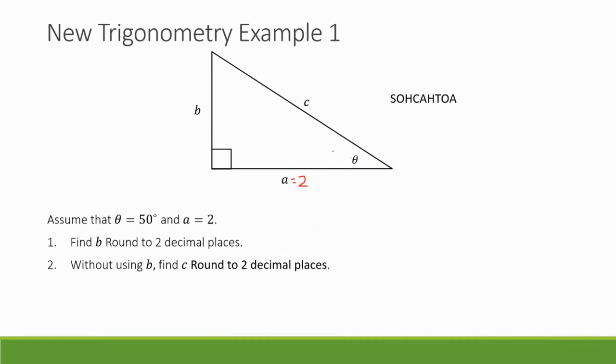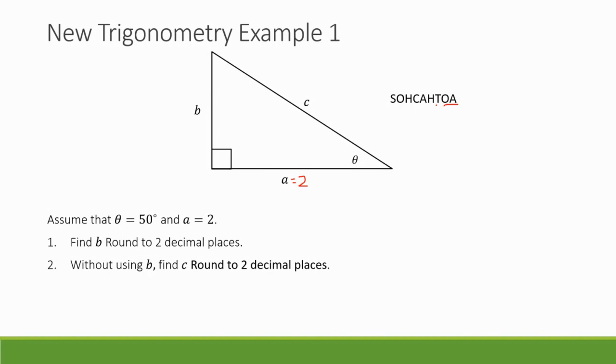A is the adjacent side. C is the hypotenuse. The hypotenuse is always opposite the 90-degree angle. So we have opposite and adjacent, right?